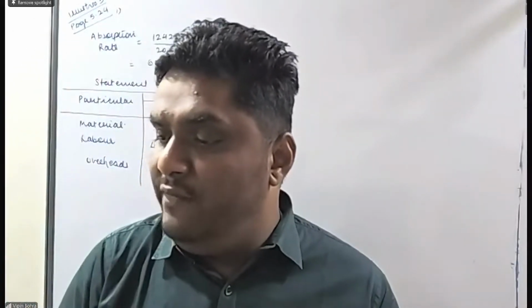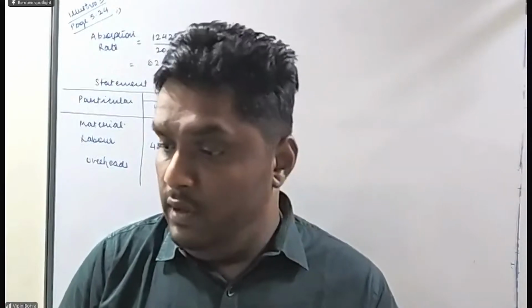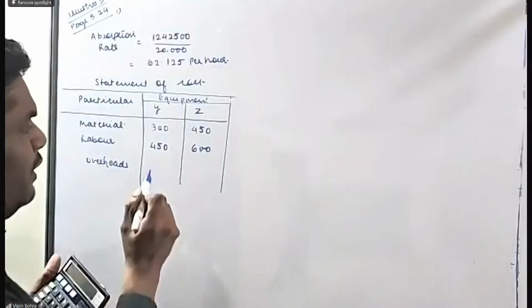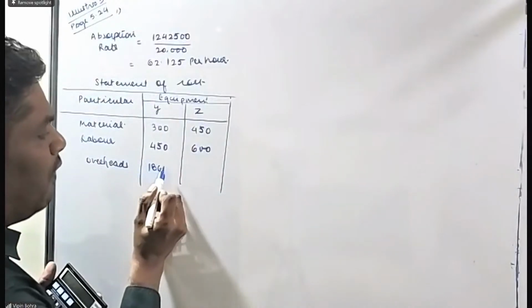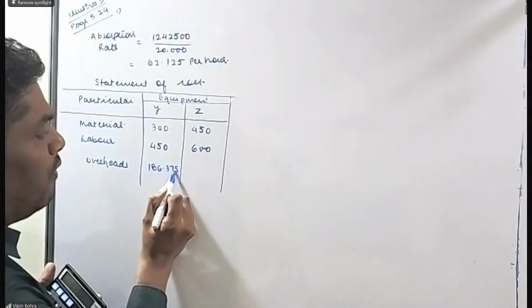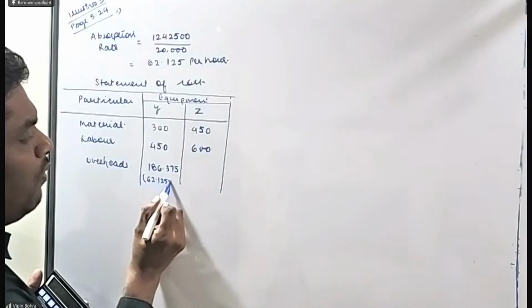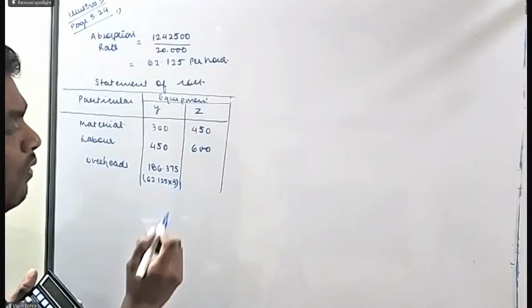For Y, it is 3, and for Z, it is 4. So 62.125 into 3, that is 186.375. And for Z, it is 4 hours.